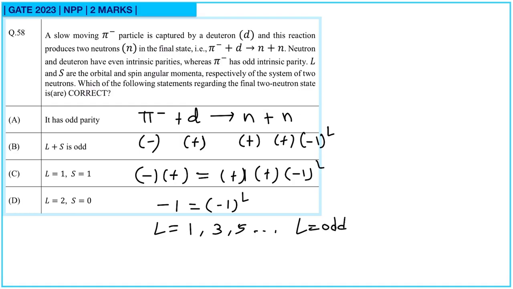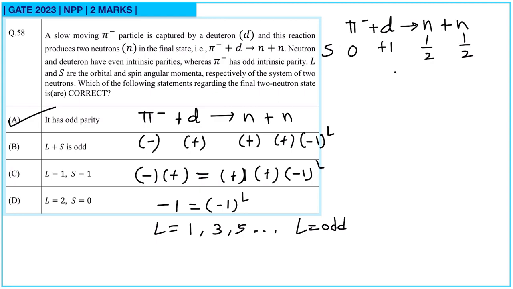Now the next part is it has odd parity, so option A is correct. Then we have to consider L plus S as well. So let us calculate spin here. We have pi minus plus D gives N plus N. Neutrons are spin half particles, so half half. Deuteron is spin 1, and pi minus has 0 spin.